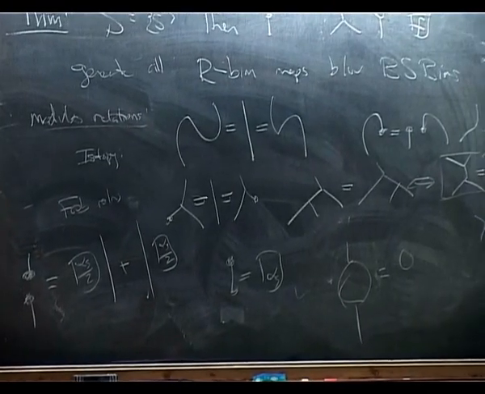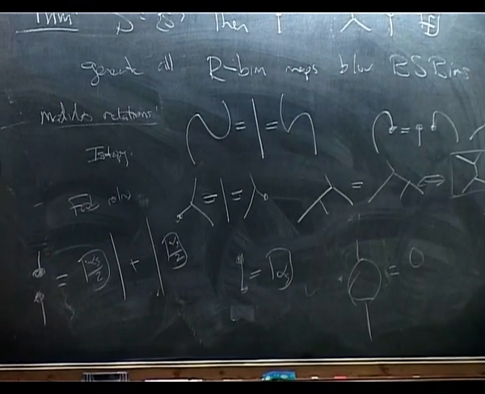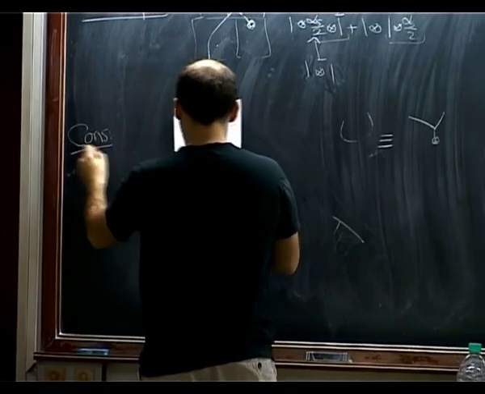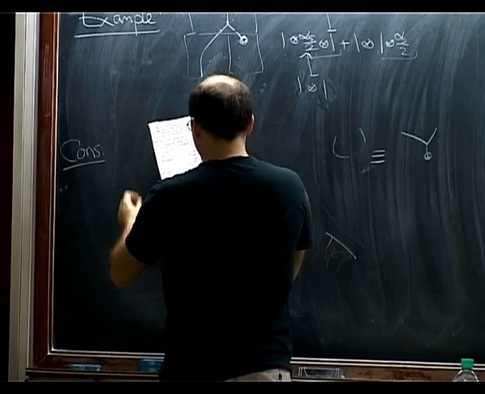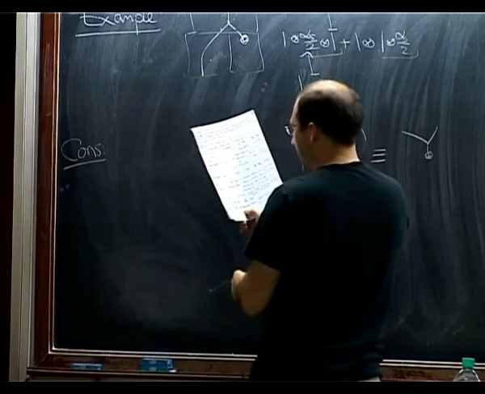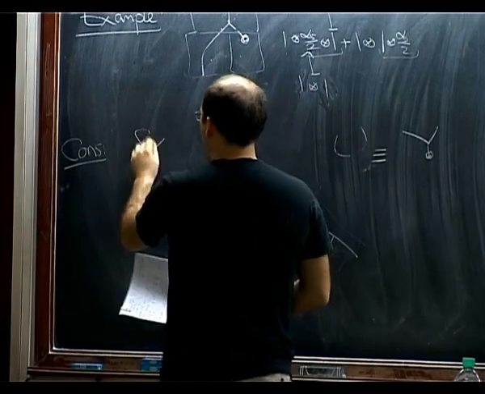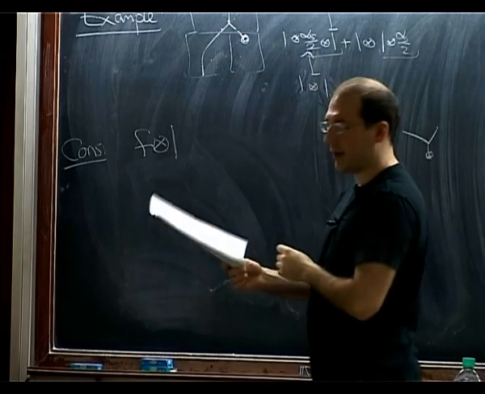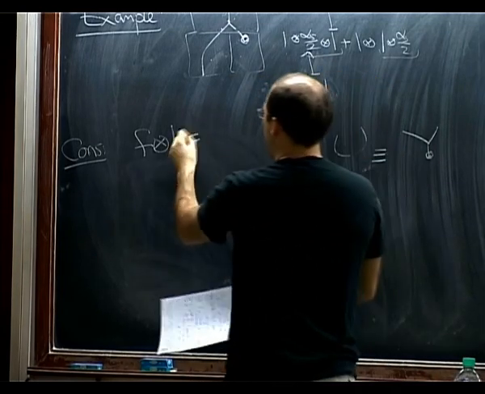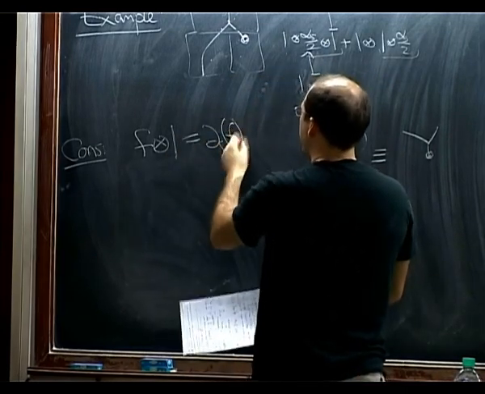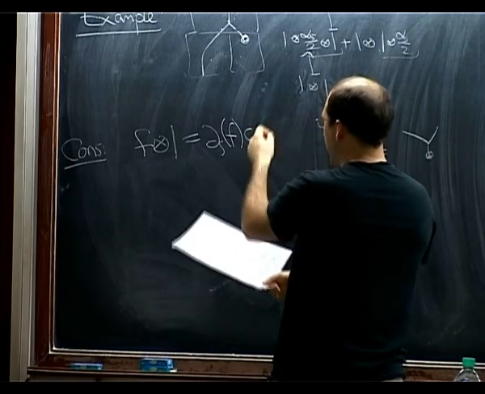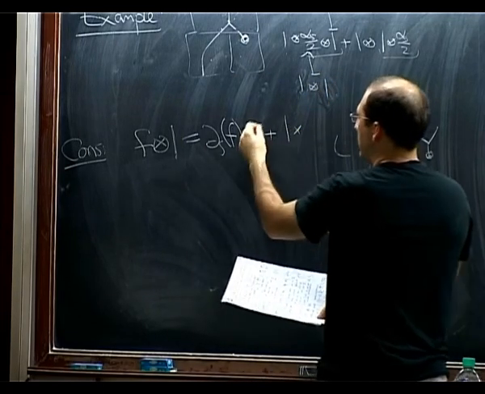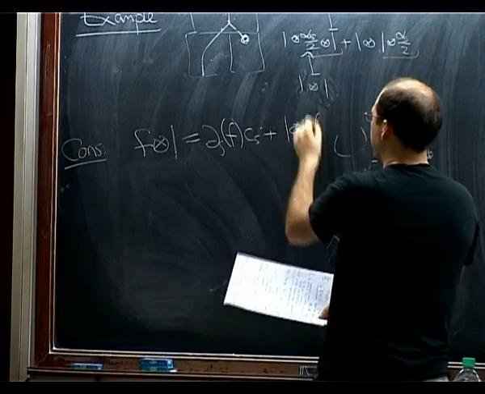In fact, there's one other important consequence that's good enough that it might as well be a relation. Right, so remember that if we took F tensor 1, you can write this as DSF times CS plus 1 tensor SF.